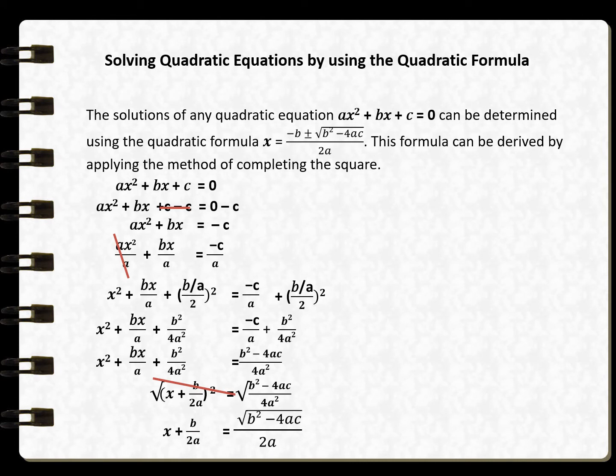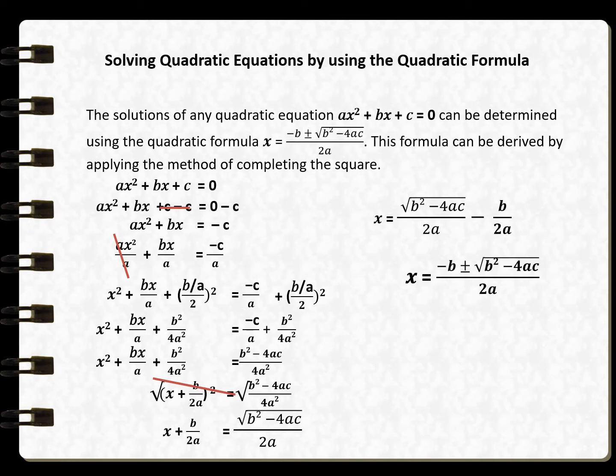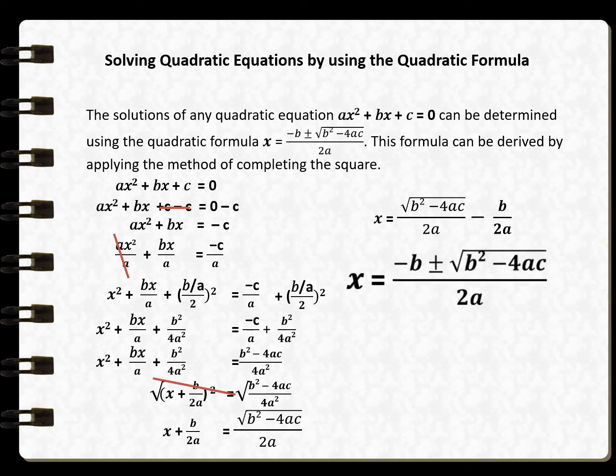Titira dyan is x plus b all over 2a. Now, lipat natin si b over 2a. So, magiging square root of b squared minus 4ac all over 2a minus b all over 2a gives us negative b plus and minus the square root of b squared minus 4ac all over 2a. So, dyan nakuha ang ating quadratic formula.